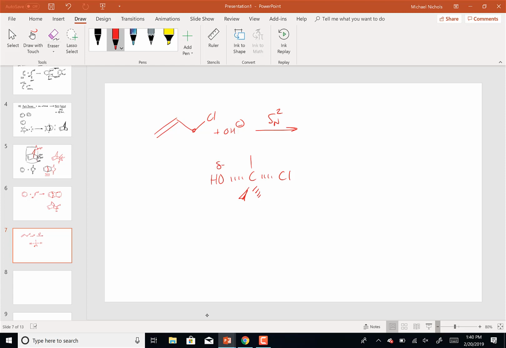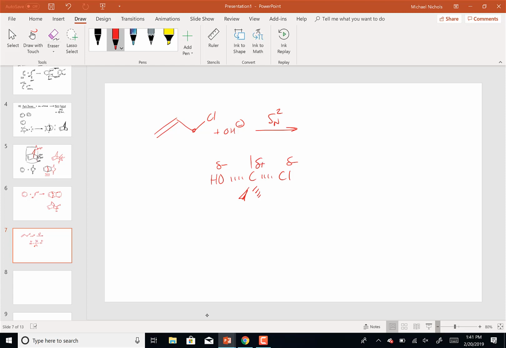Delta minus on chlorine, delta minus on carbon. What do you think it should be? It's in between two delta minuses. Let's make it delta positive.